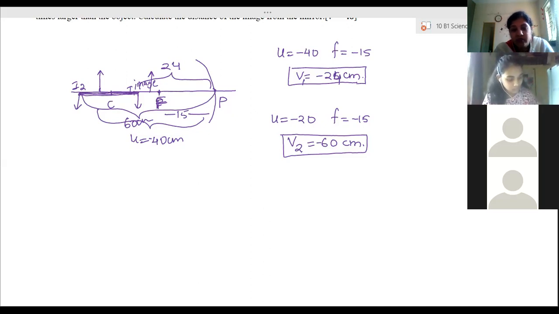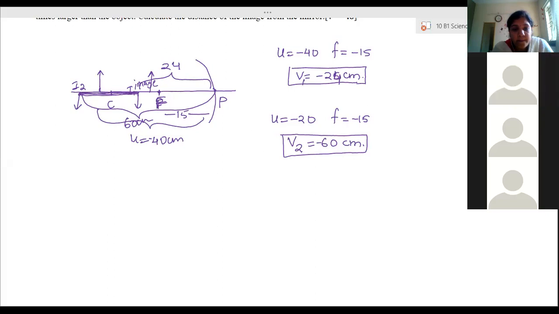Object of 10 centimeter height is placed at a distance of 10 centimeter from the convex mirror. Radius of curvature of the mirror is 30. Find the position, height, and nature of the image. What happened? Sorry, ma'am, I meant 24. What was the problem? Ma'am, I'm getting the magnification as 0.666. Yes, it is 2 by 3, right? Okay, ma'am.